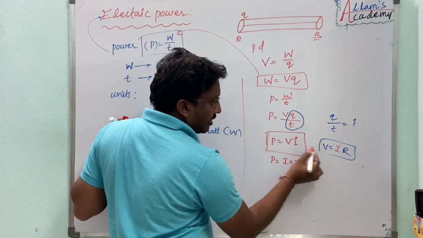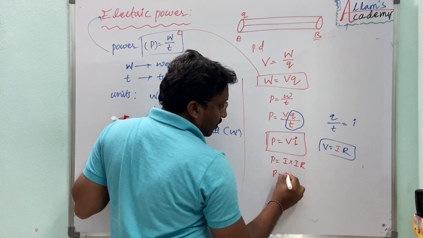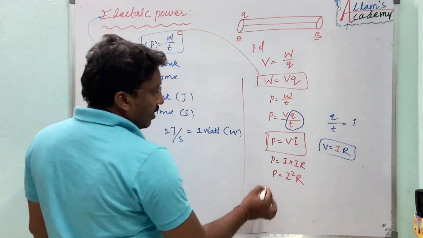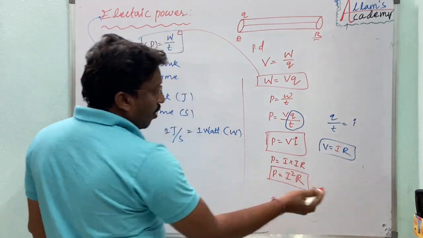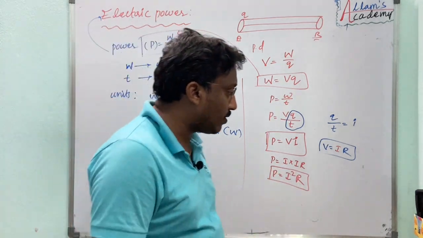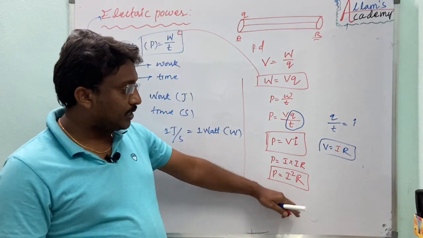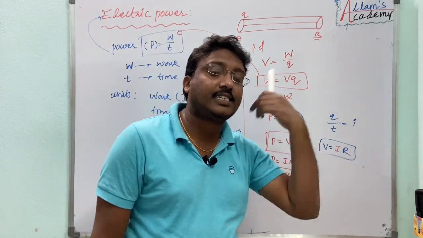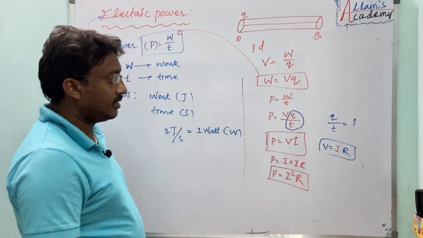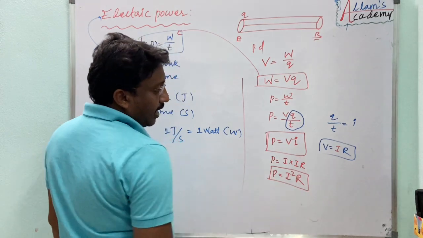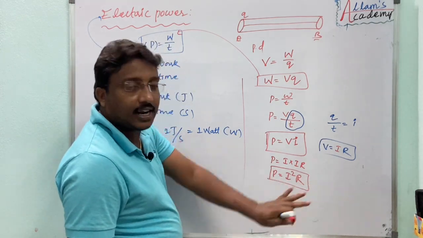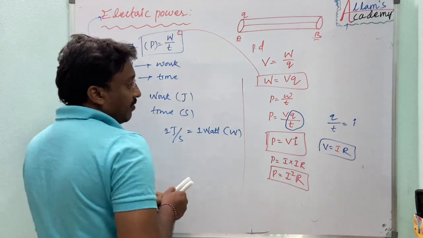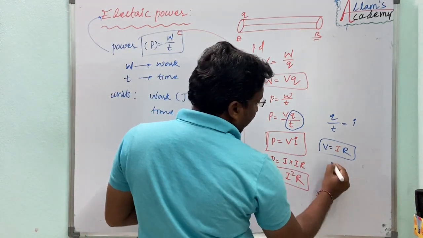So P equal to I square R. This principle is also used to find the power when we know the current and resistance of an electrical appliance.